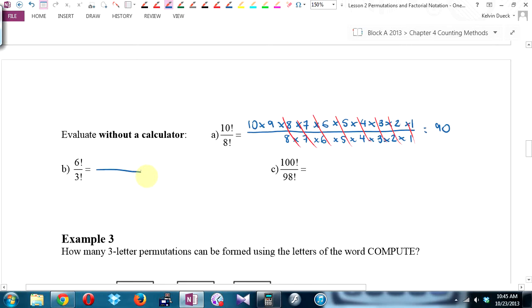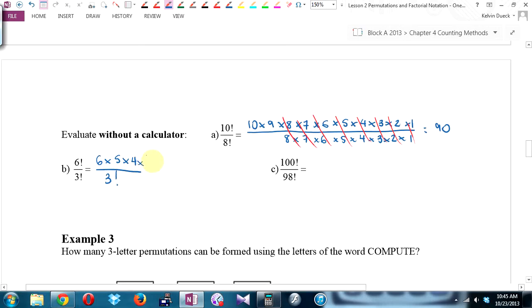B. What's bigger, 6 factorial or 3 factorial? Rewrite the 3 factorial on the bottom. Start to expand the bigger one. So 6 factorial is what? 6 times 5 times 4 times... Isn't it really 3 times 2 times 1, what I should write?